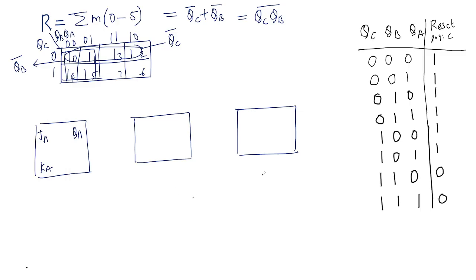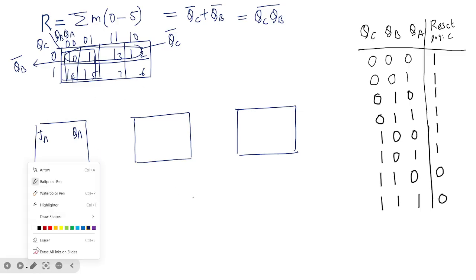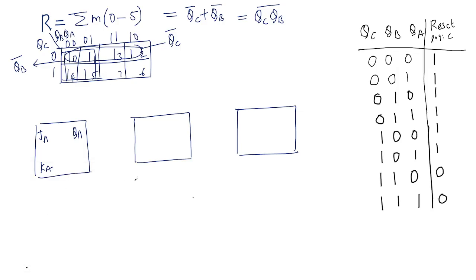JA, KA, QA. JB, KB, QB, JC, KC, QC. Okay. So here I am using negate of clock.